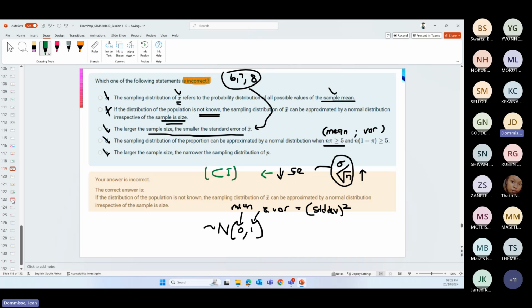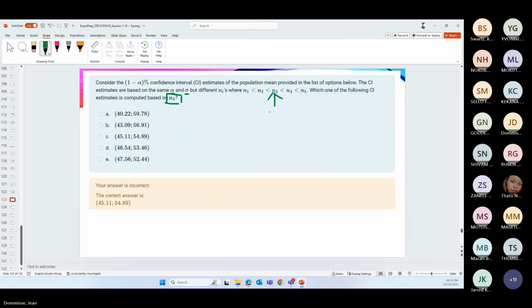Okay, so then your N3, because it's in the middle, will basically be the third biggest confidence interval.